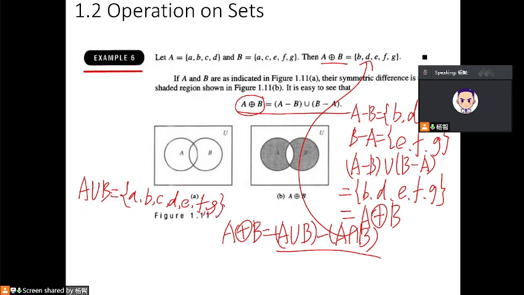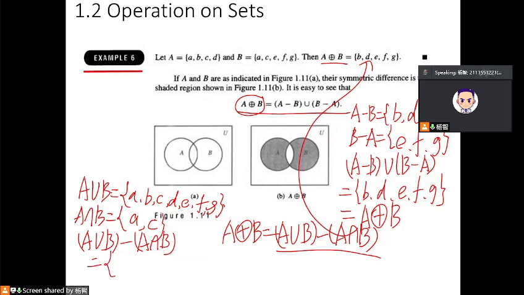Okay, and the intersection of A and B is what? A and C. So A union B minus the intersection of A and B equals what? B, D, E, F, G. Both give the same answer.